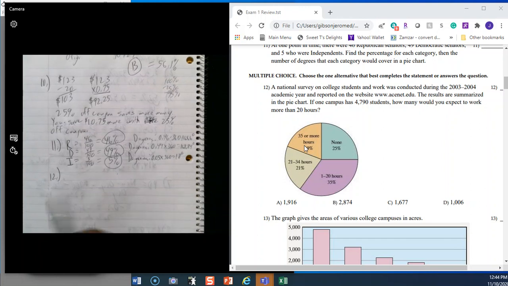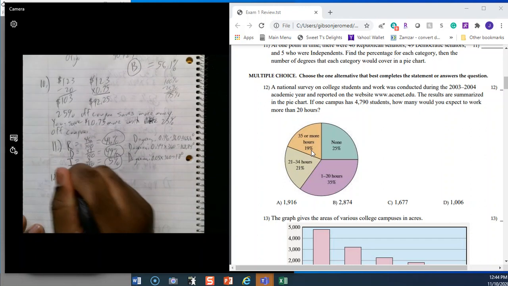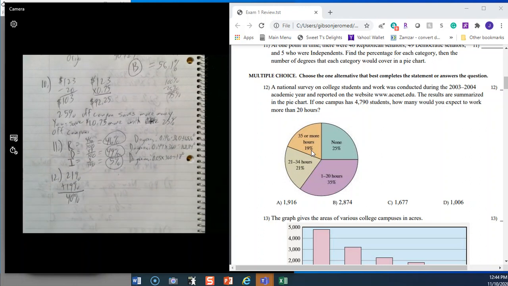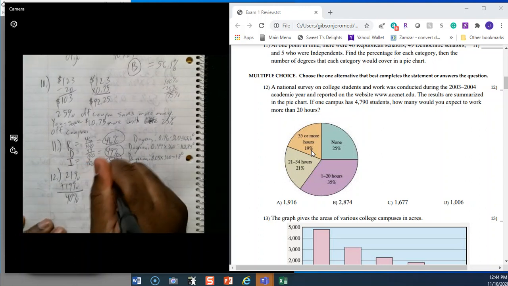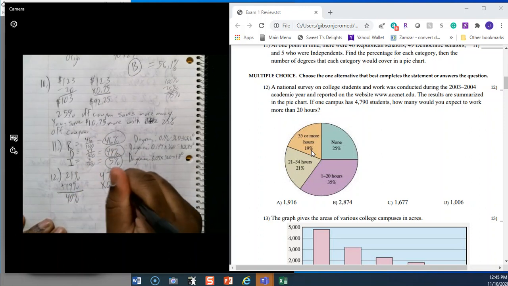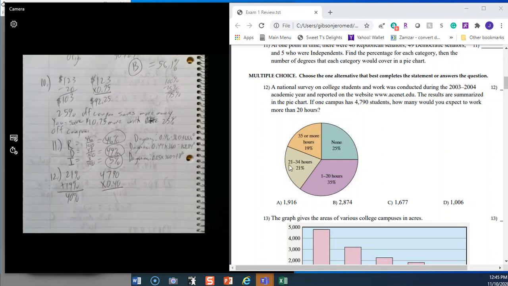So the first thing we would need to do is get the percentages, 21 and 19. So we had 21% plus 19%, which would be 40%. Okay, so we would take this 4,790 and multiply by the 40%, which is 0.40.